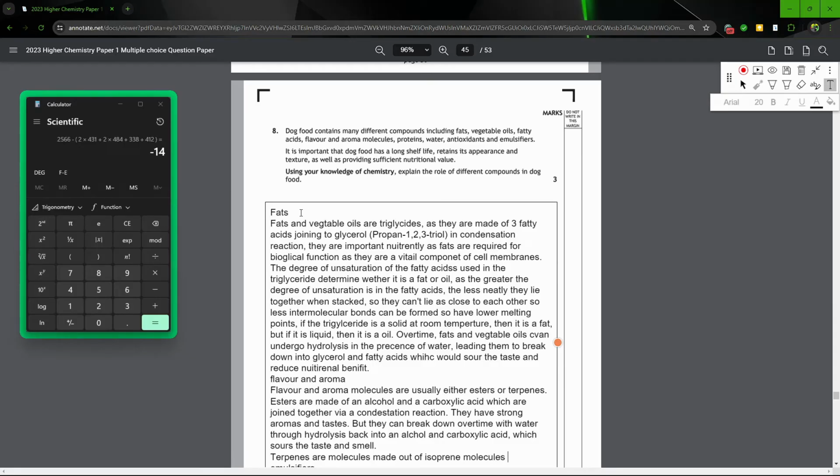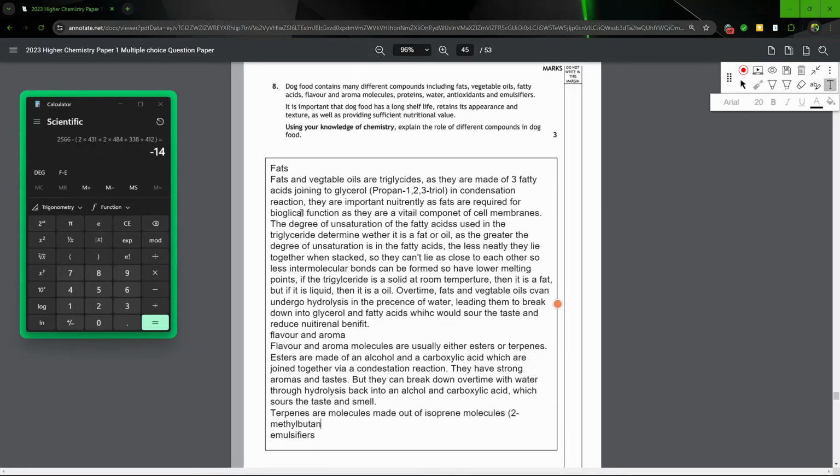Its systematic name is 2-methylbuta-1,3-diene. They have stronger smells and tastes.